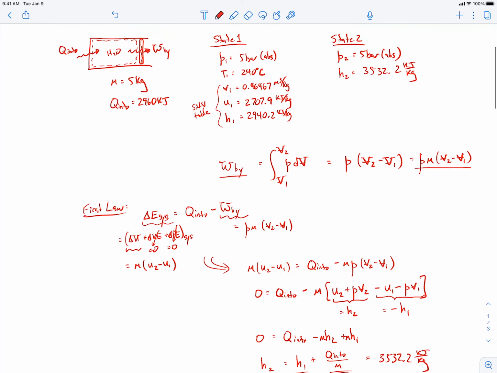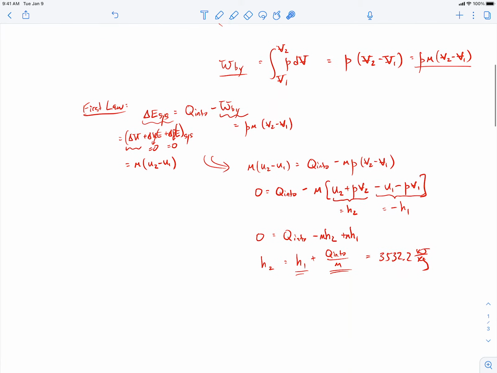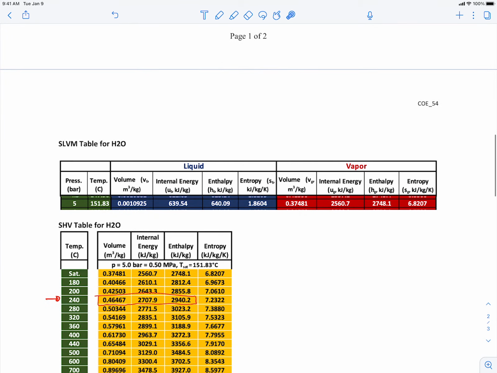Okay, so now that I have the pressure and specific enthalpy there, let me go back to my thermodynamic property tables for water and just see where I stand on that. So let's remember these numbers: 5 bar, 3532.2. Let me go first to this saturated liquid vapor mixture table, 5 bar. Let me just, as a note, write down that H2 is 3532.2 kilojoules per kilogram.